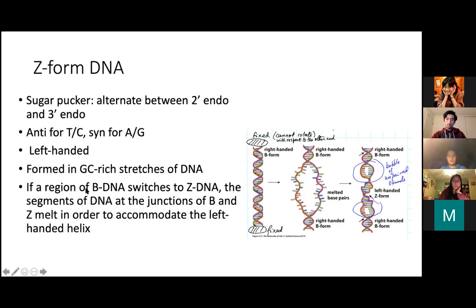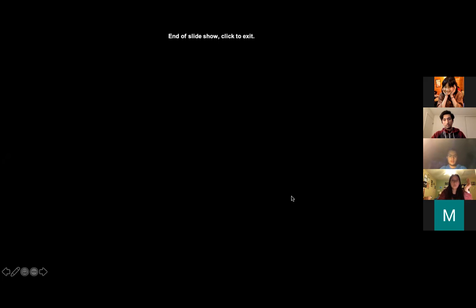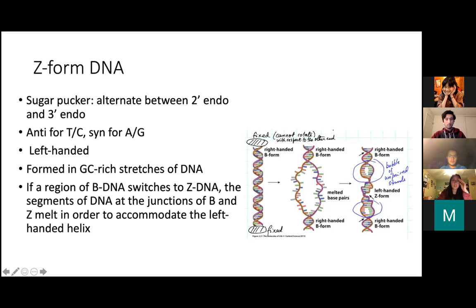So an important consequence of that is that if a region of B DNA switches to Z DNA, the segments of DNA at the junctions between the different helices, circled in blue here, have to melt in order to accommodate the left-handed Z-form helix.